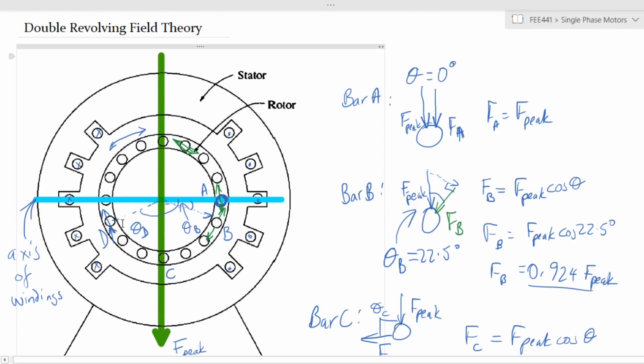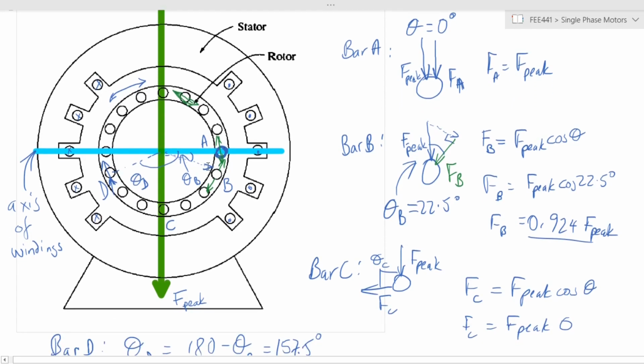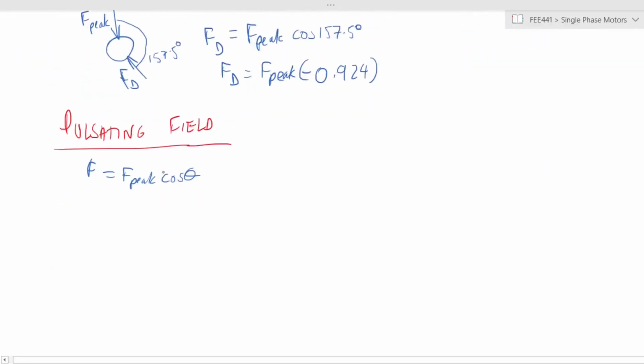For the case of D, the bar was at 157.5 degrees away from the axis of the windings. If we take a point over here, you will look at what is the angle all the way round to that point. And the value of the force acting in this direction will be F times the cosine of that theta x, if you call this point x. Okay. Now, this is for any given instant.